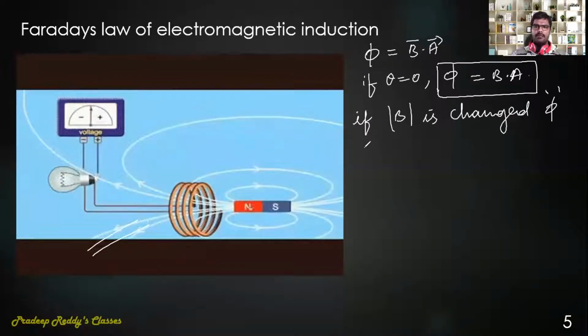Phi will change. If the external magnetic field magnitude is undergoing change, the flux linked with the coil is undergoing change. When the flux is undergoing change, what would happen?